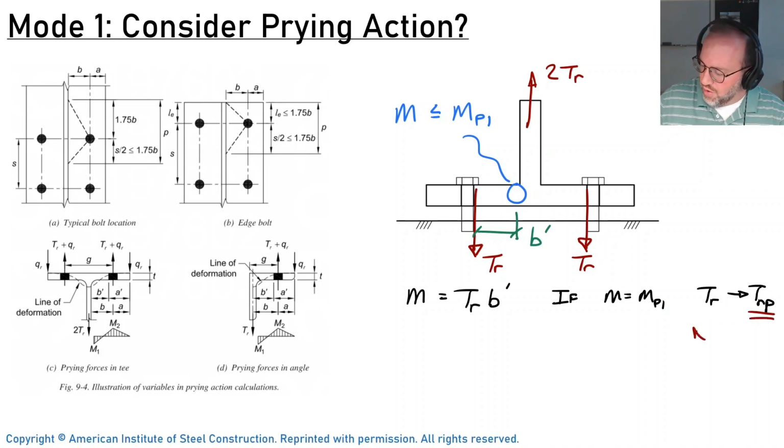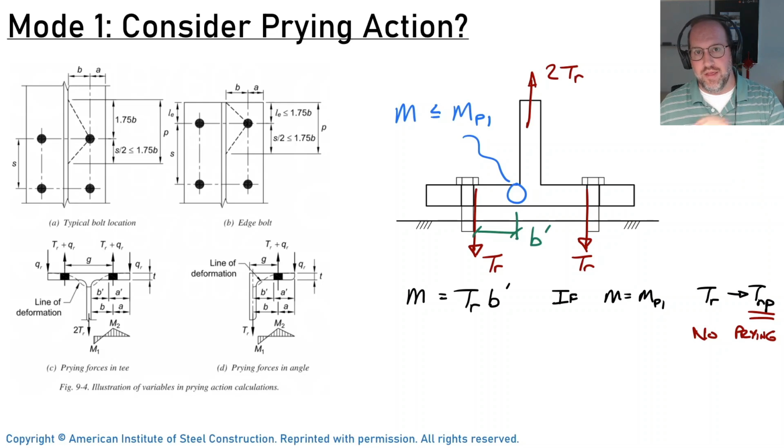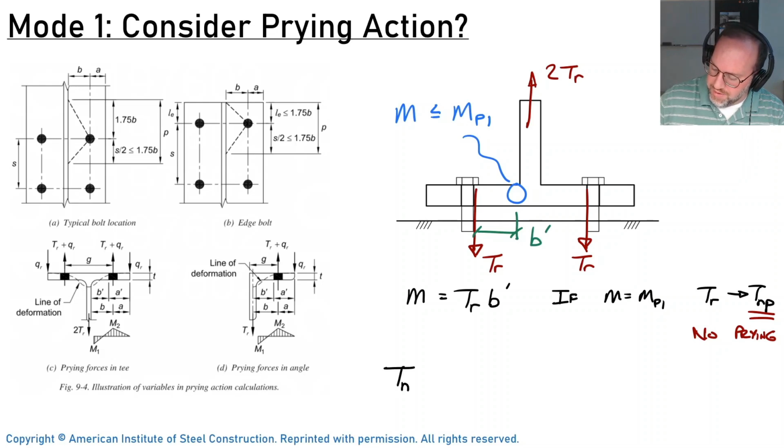TNP is the no prying limit. So if we have a force less than TNP, there's no prying. But if we have a force greater than TNP, then we do have prying. So it's just a simple rearrangement here. We can see that TNP is equal to MP1 divided by B prime.